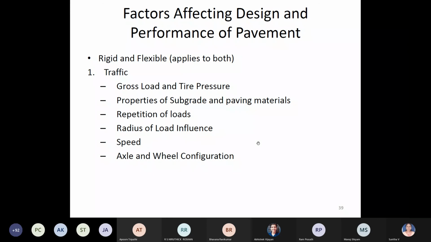How to find the stability of the mix, how stable your mix is, what the strength of the mix is, whether voids are there, these properties should be checked. That will be studied in pavement materials.